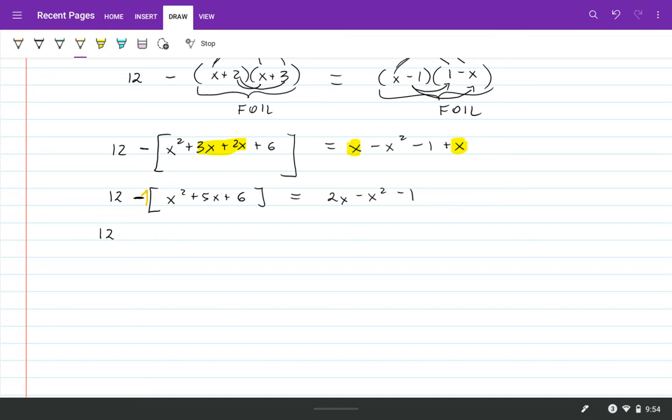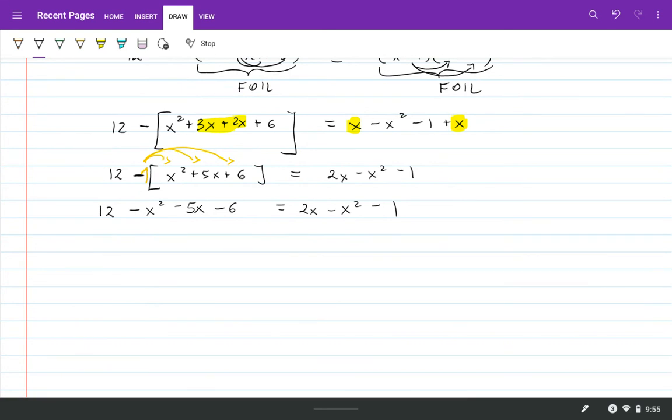Okay, so you have negative 1 times the expression in the parenthesis. So each expression in that big bracket, you need to multiply by negative 1, which means change the sign to opposite. So negative 1 times x squared will give you negative x squared. Negative 1 times positive 5x will give you negative 5x. Negative 1 times 6 will become negative 6. Equal 2x minus x squared minus 1.